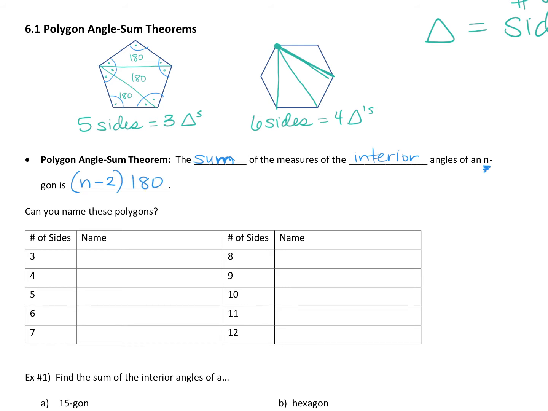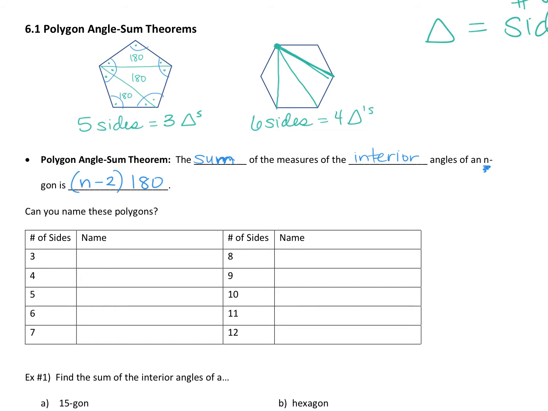So if I want to know the sum of an octagon, I would do 8 minus 2 times 180. If I want to know the sum of a quadrilateral, I would do 4 minus 2 times 180. And that will always work out to the sum of the interior angles, okay?